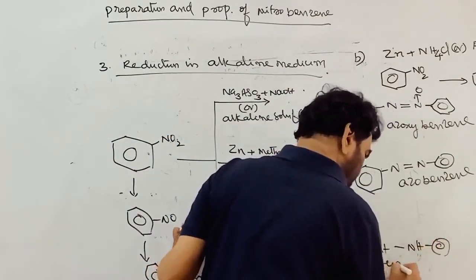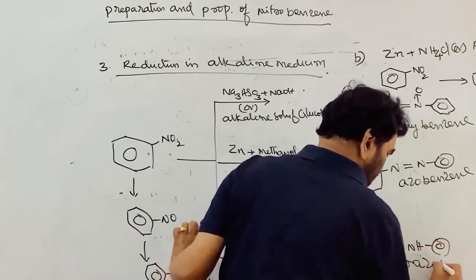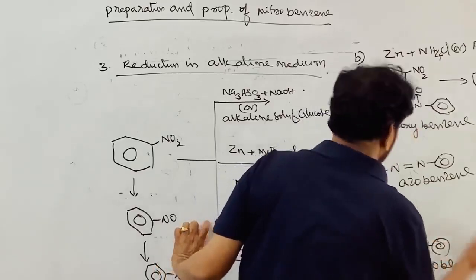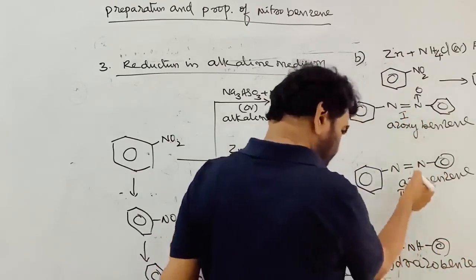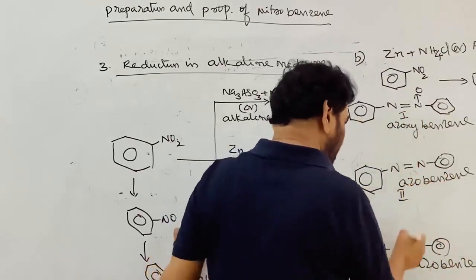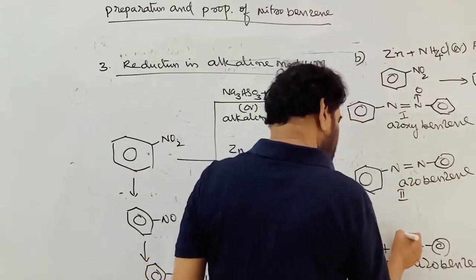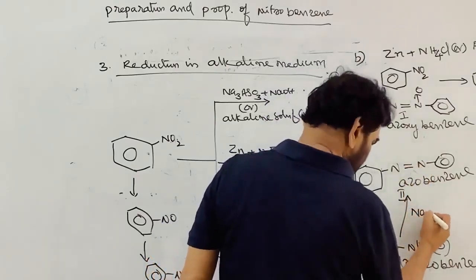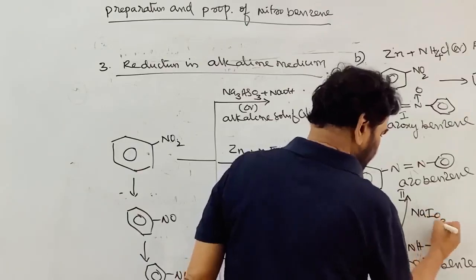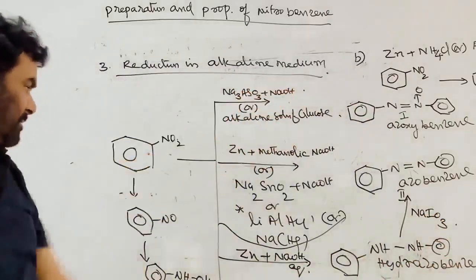This is azoxybenzene, this is azobenzene, this is hydrazobenzene. This is again converted into azobenzene on treatment with sodium iodate, NaIO3.